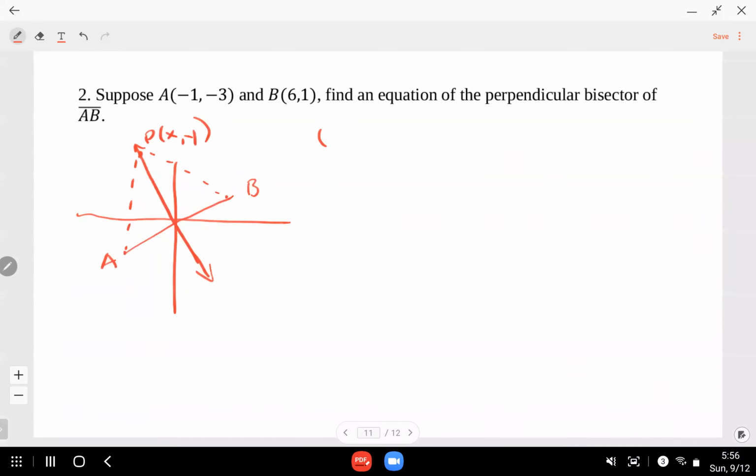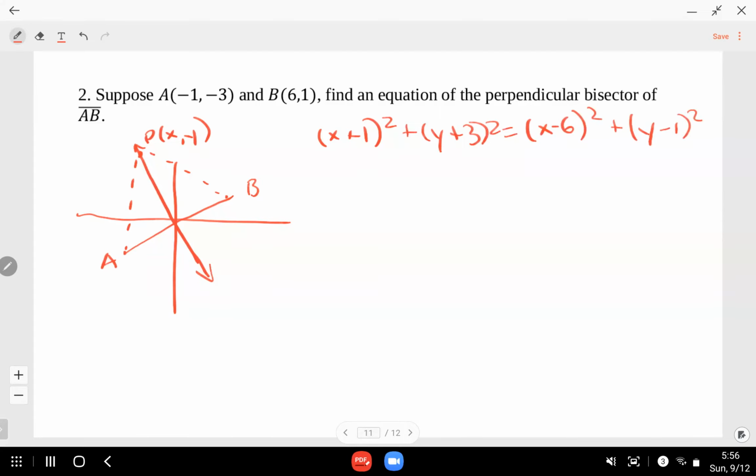So let's actually just write that. x plus 1 squared plus y plus 3 squared, right? Equals, what is the other side? P to B, right? x minus 6 squared plus y minus 1 squared, all right?